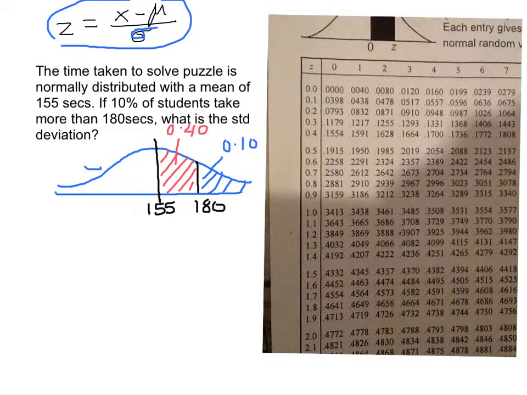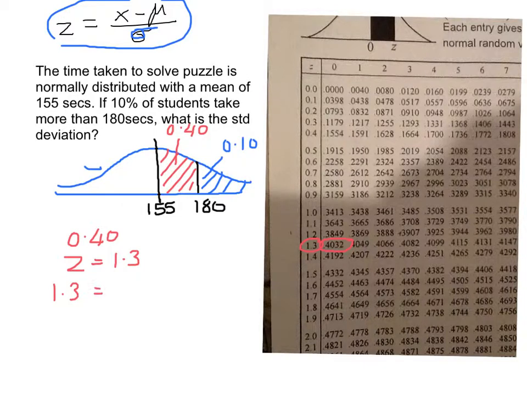I look on the table for the nearest value to 40%, 0.40. I can come to 0.4032, so my z value, looking across, is 1.3.